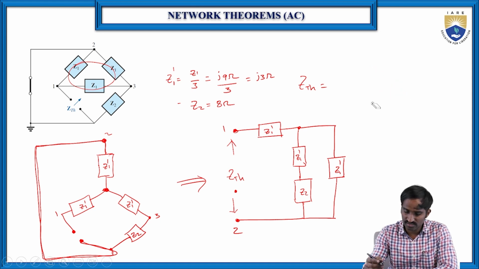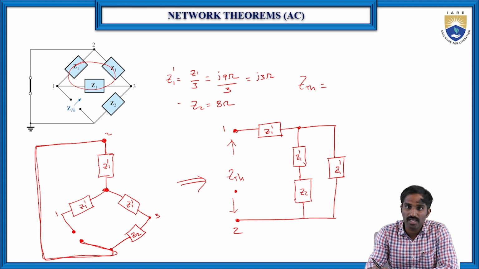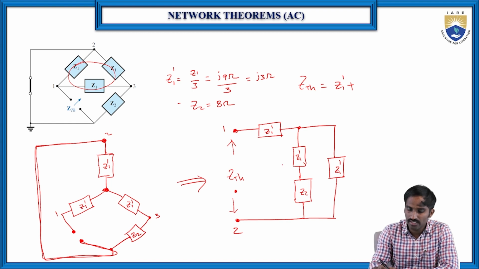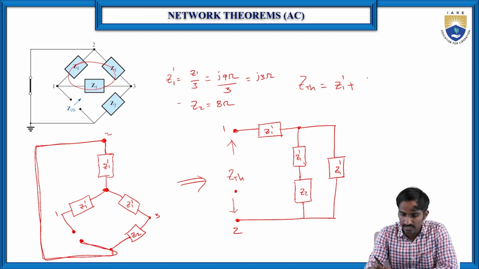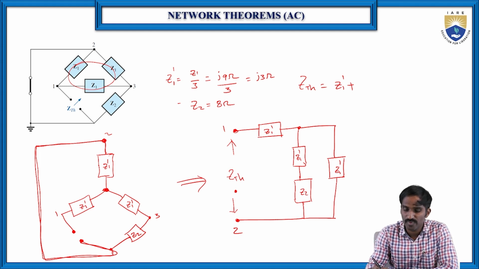So here Z Thevenin is equal to: these two are in series, this series combination is parallel with the Z1 dash, and this total combination is in series with the Z1 dash. So first let us consider here it is Z1 dash plus, and these two are in series, and this series combination is parallel with this one.